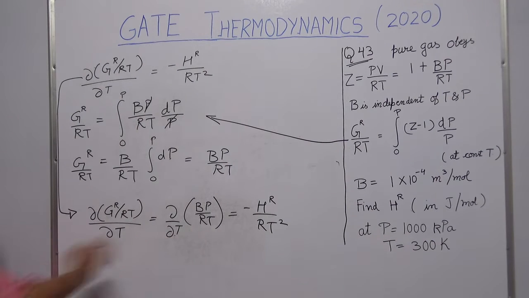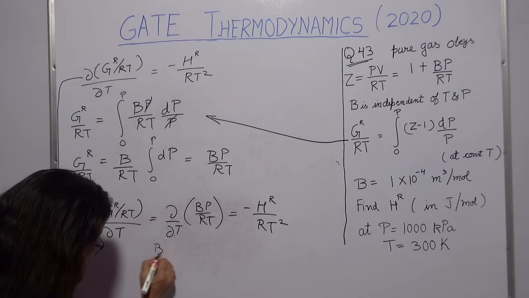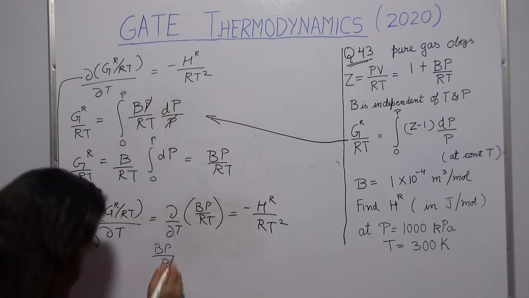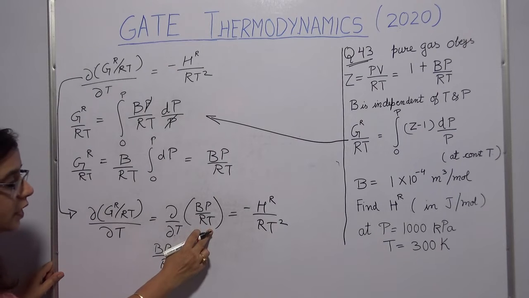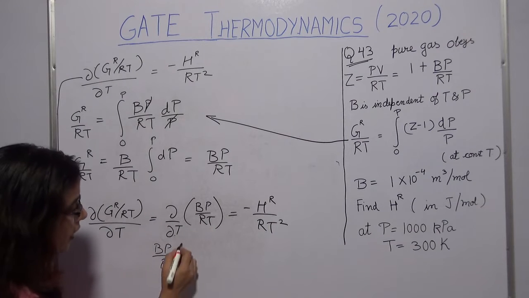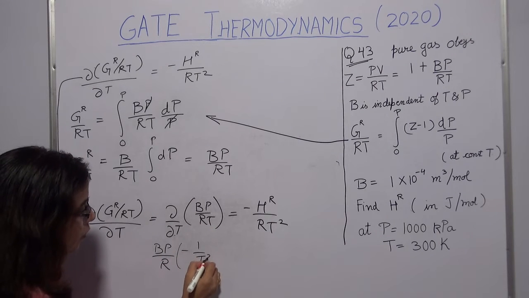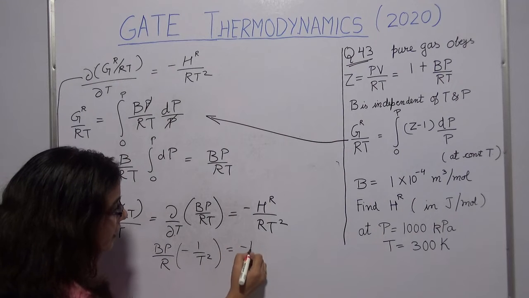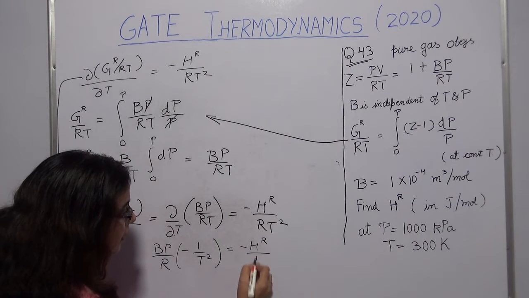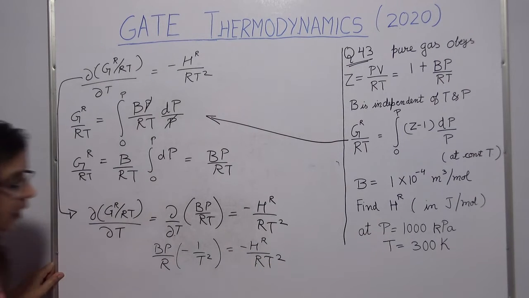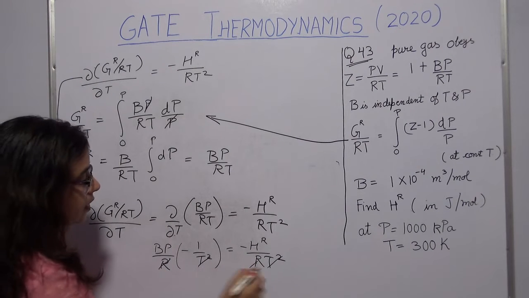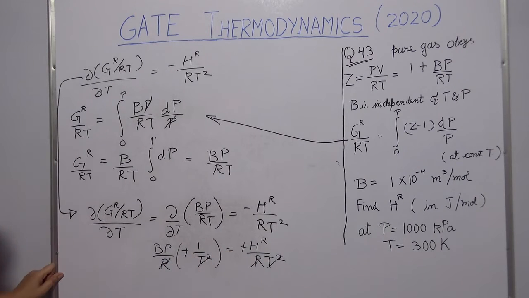Now let's take a differential. P is constant over here, we have to just differentiate with respect to T. And 1 upon T, you will get minus 1 upon T square, that is equal to minus HR upon RT square. RT square in denominator will get cancelled, even minus minus sign will get cancelled.